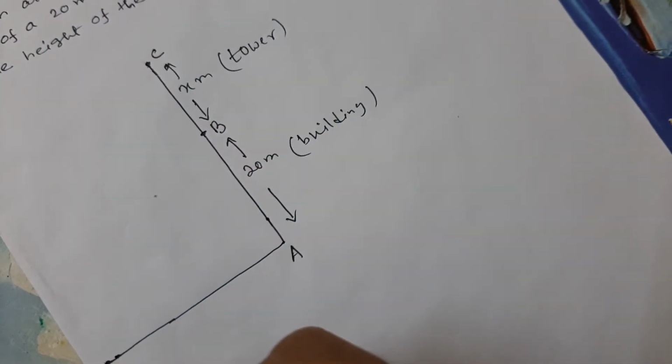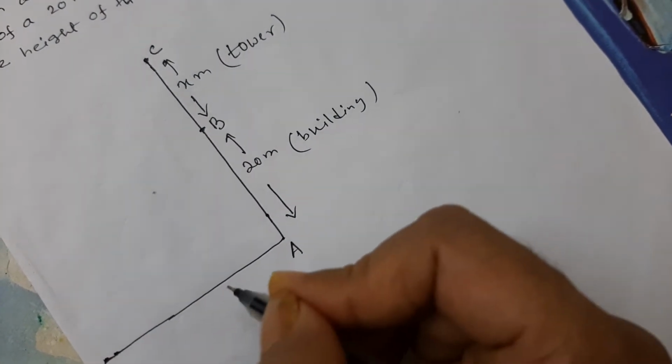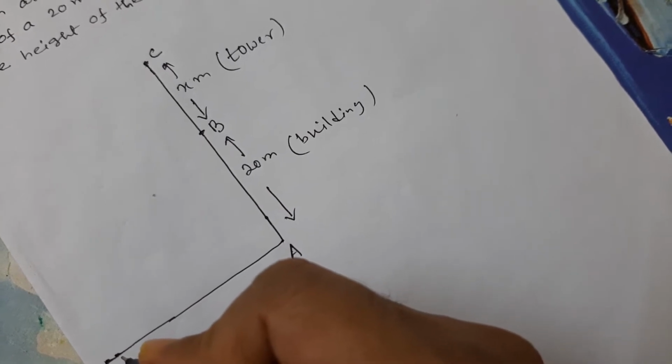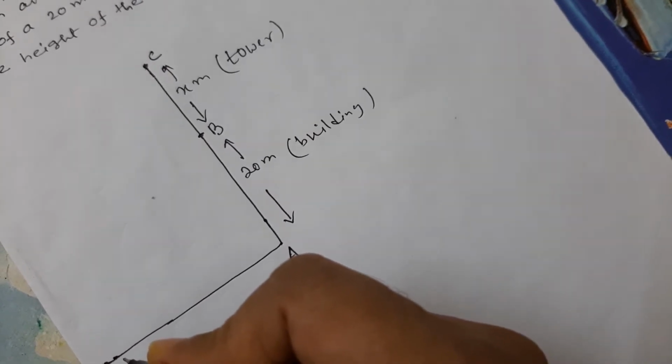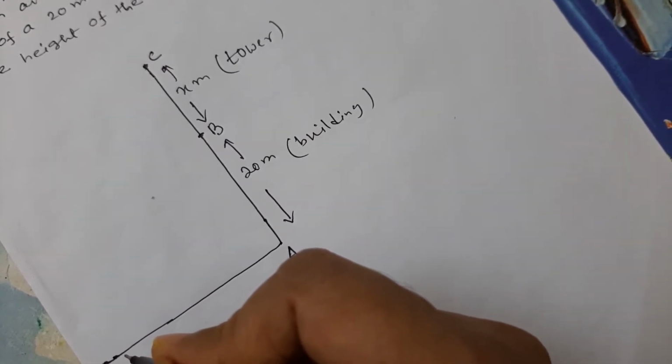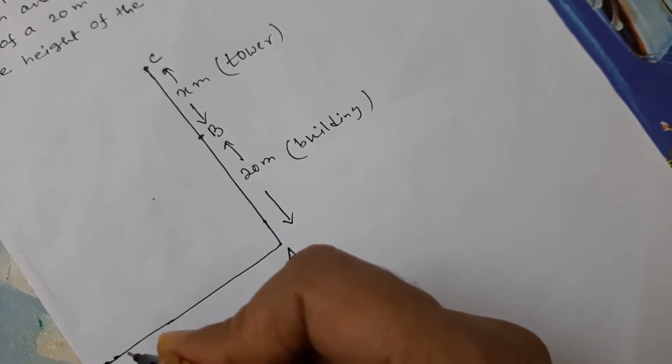This is tower BC. Now from the point D, the angles are 45 and 60.